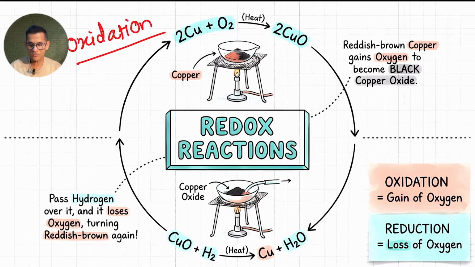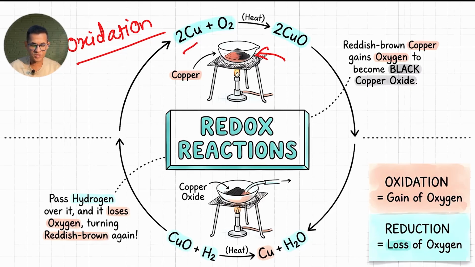So here we have an activity. We have taken copper powder in a dish or in a glass bowl, and we'll heat it. When we heat it, you'll see that the brown colored copper will turn black on the surface. This is a reaction happening with oxygen.